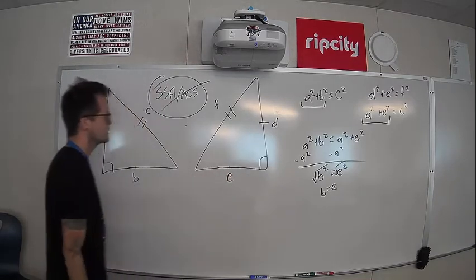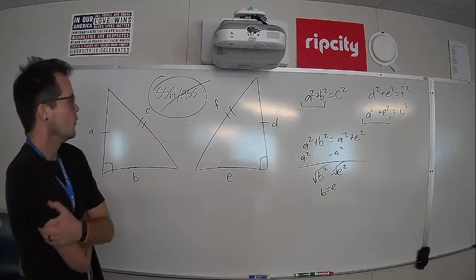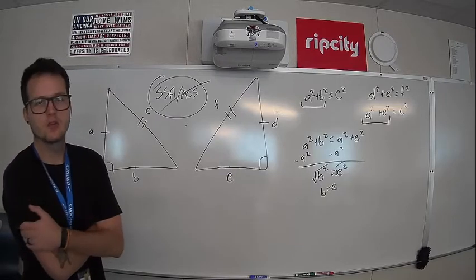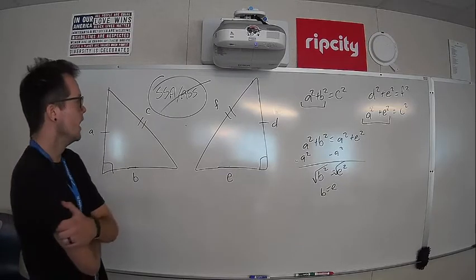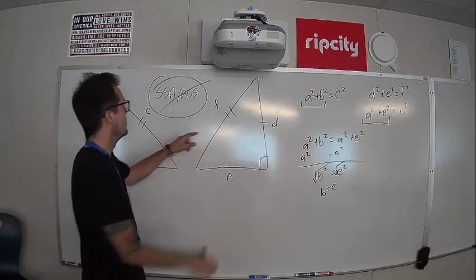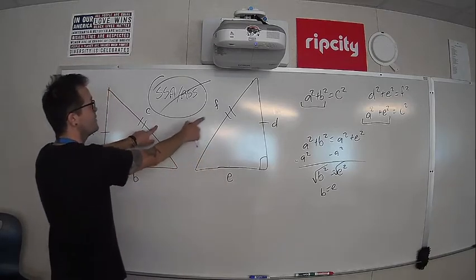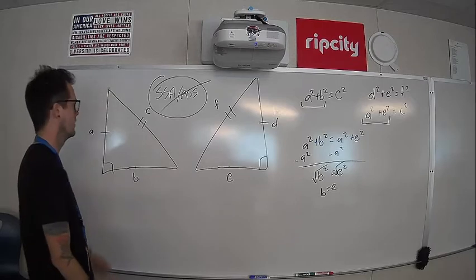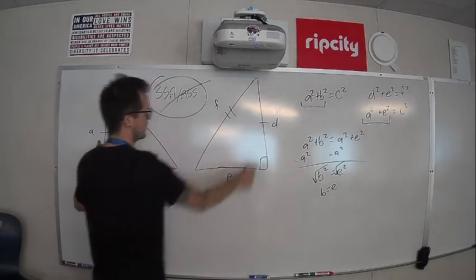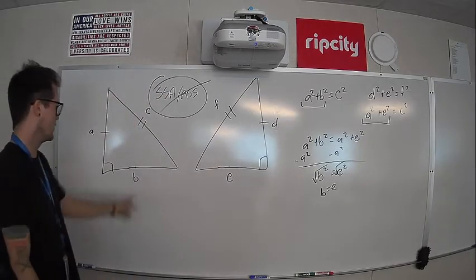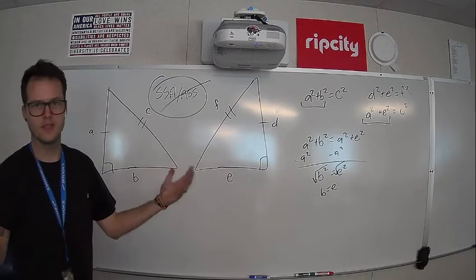So we call this theorem, or this criterion, Hypotenuse Leg Criterion, or HL. And the reason we call it that is because the hypotenuses of both triangles are congruent to one another, in addition to one pair of legs. And the second pair of legs we just don't know anything about. That's okay.